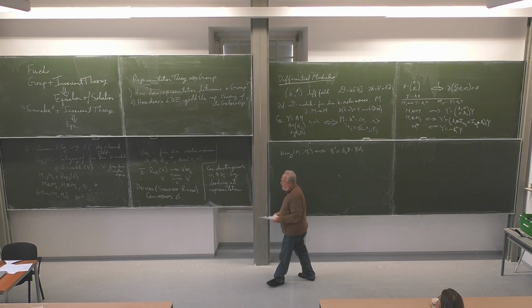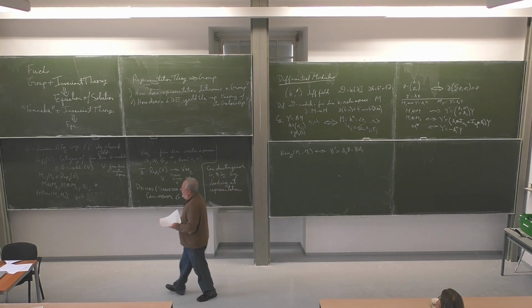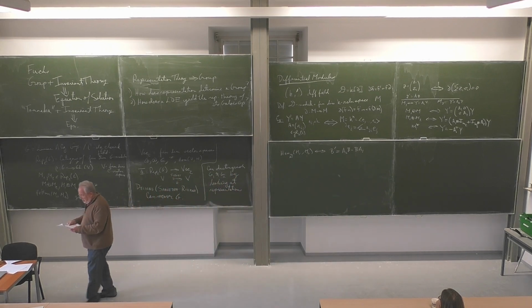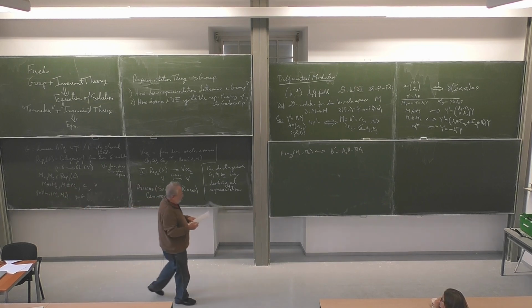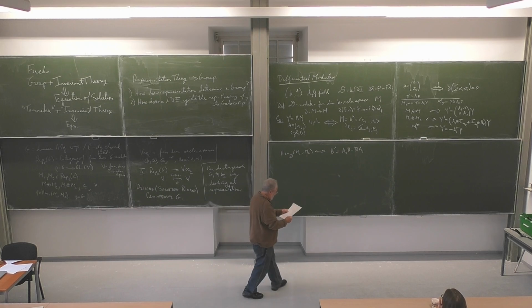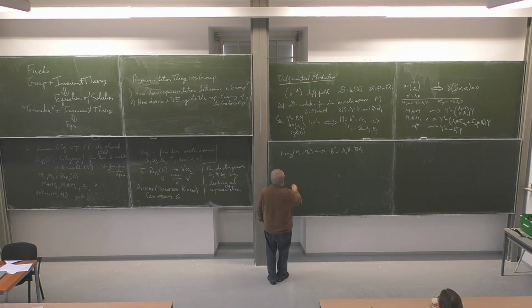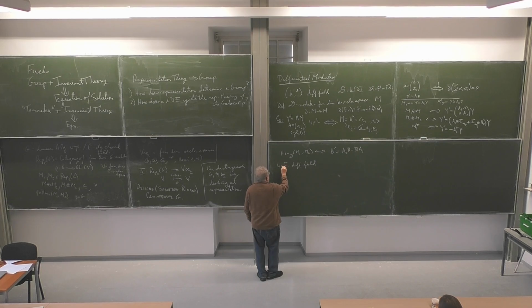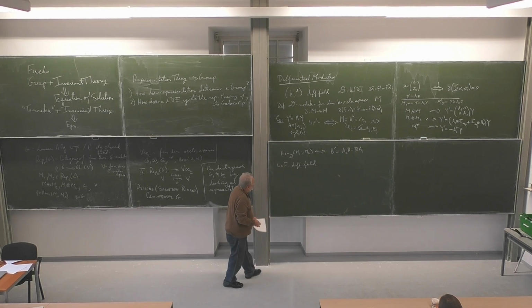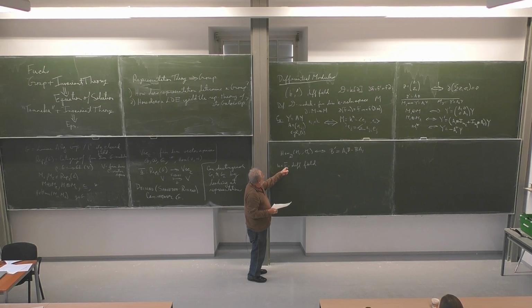Now, I want to talk about solutions. And I don't want to do this too formally. But if I have F, a differential field, now, of course, this may not be a finite dimensional K vector space.